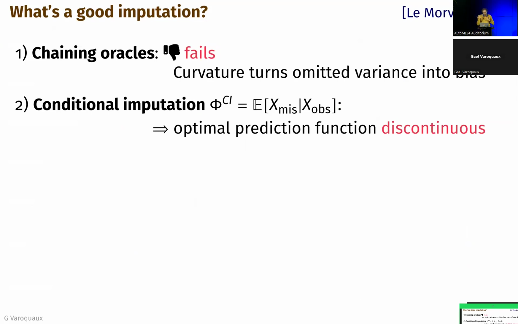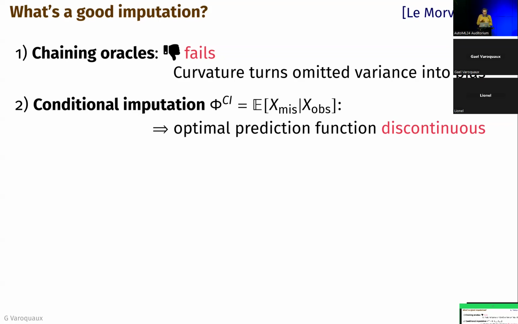And then the question is, can you fix this? And we have some more complicated results that show that if you get the perfect conditional expectation and you try to learn a prediction function that compensates for the bias that you have created, you're going to get discontinuities. So basically, you need a learner that can actually learn discontinuities.